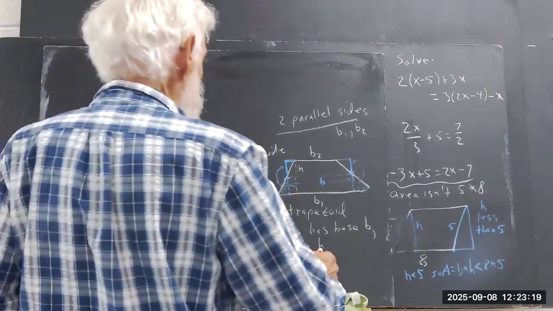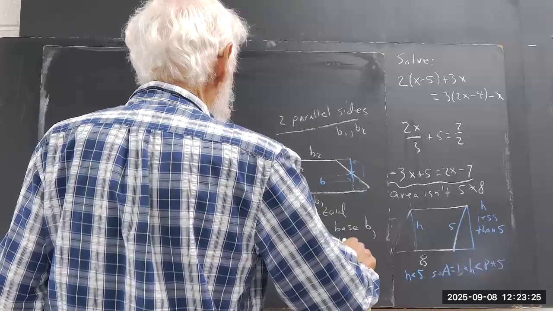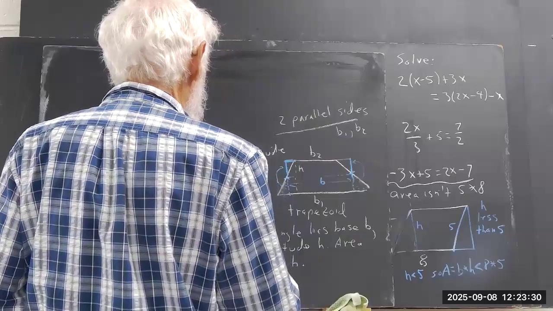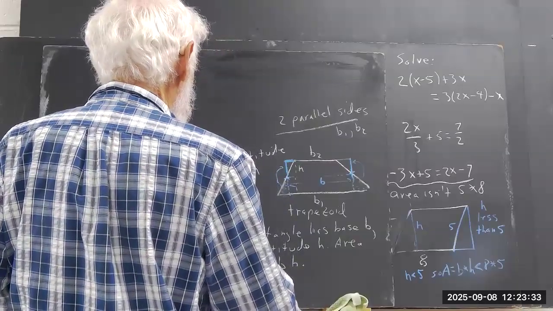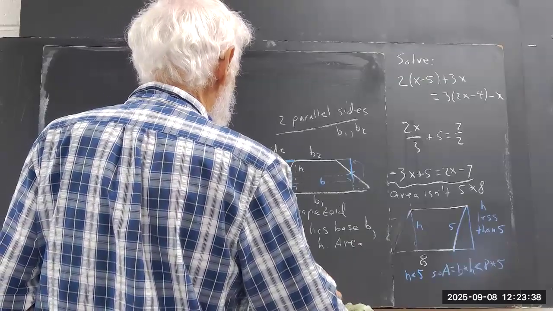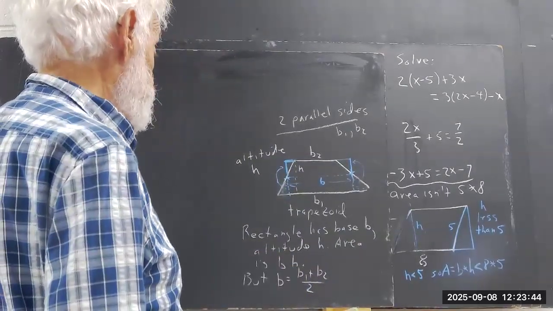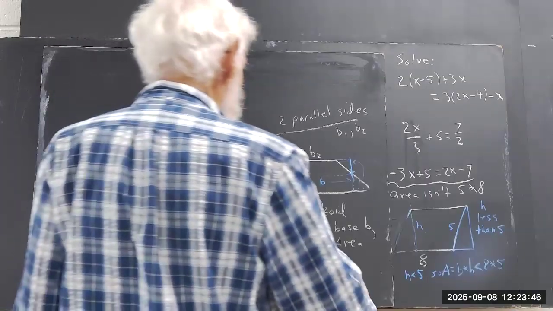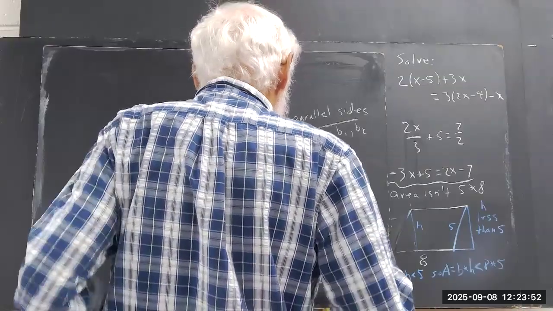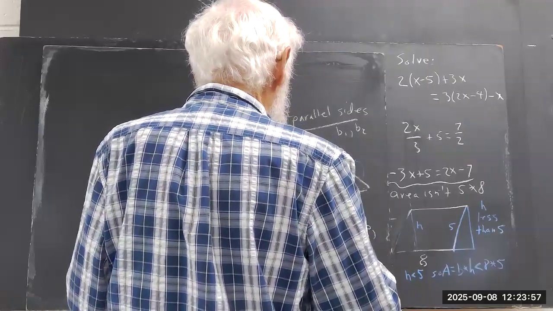So the rectangle has base B and altitude H. Area is B times H. But B equals B1 plus B2 over 2. I don't have room to write it. I'm going to write capital A for area, then I probably have room.